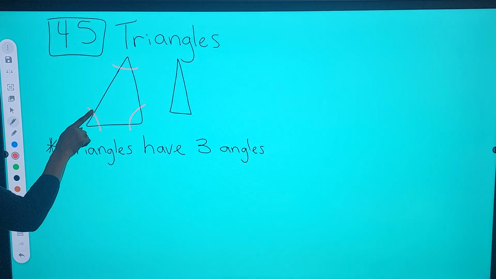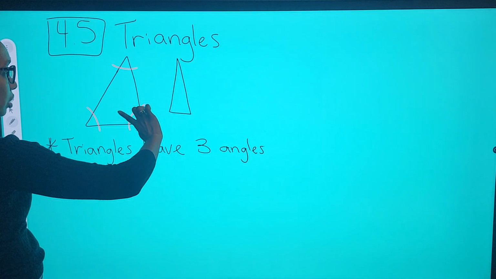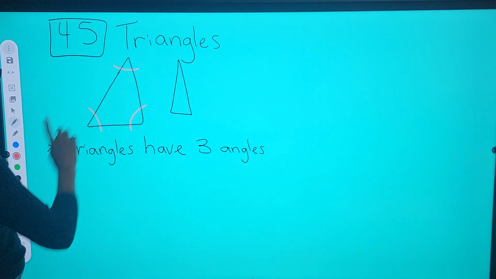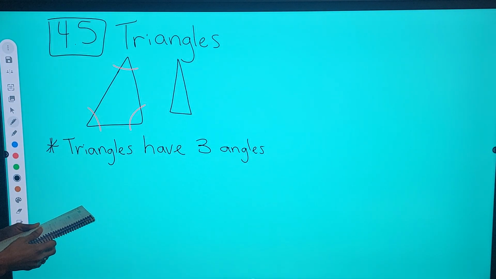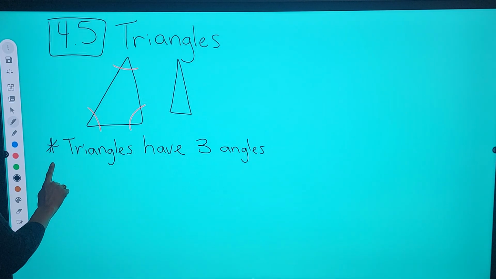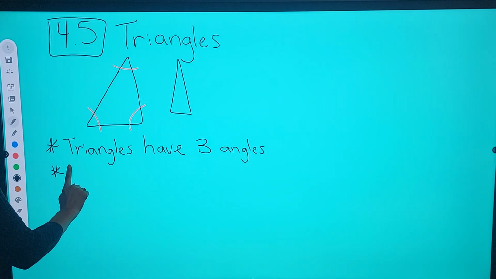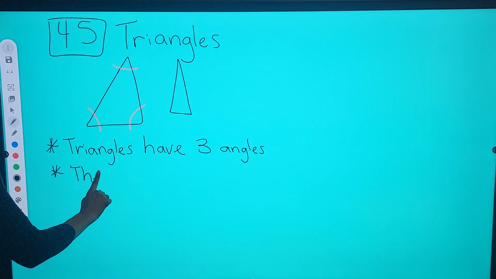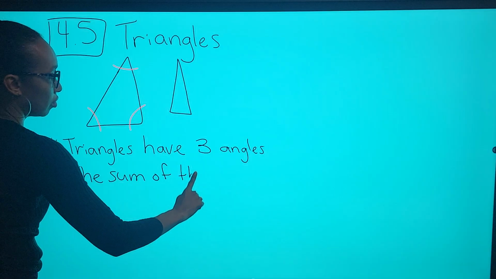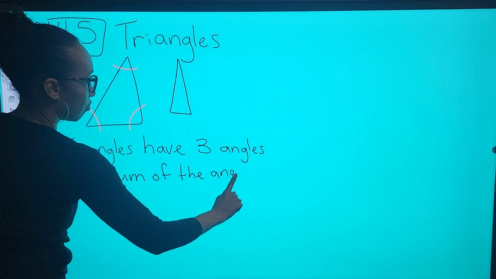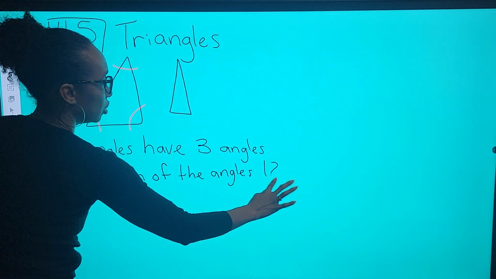If I measure from here to here, plus the angle here, plus this angle here, we expect to get a straight angle or a sum of 180 degrees. So the sum of the angles is 180 degrees.